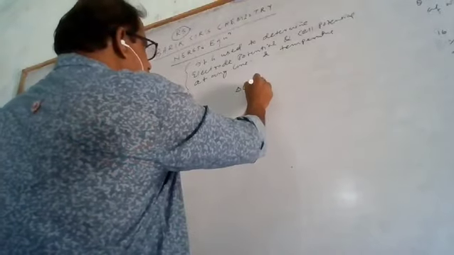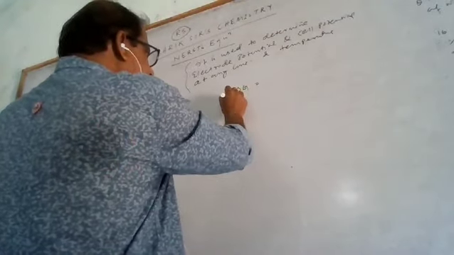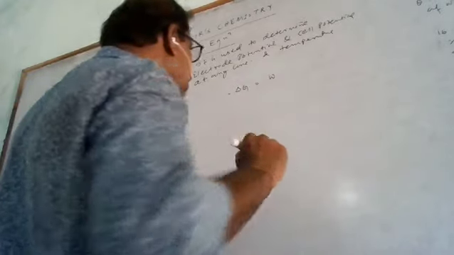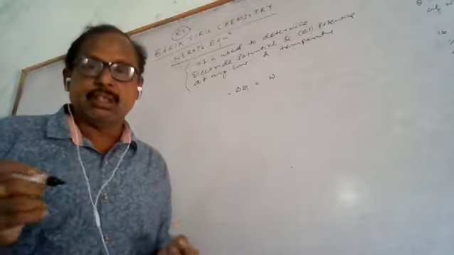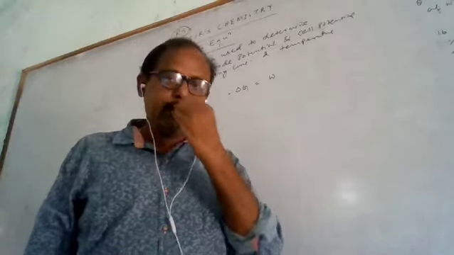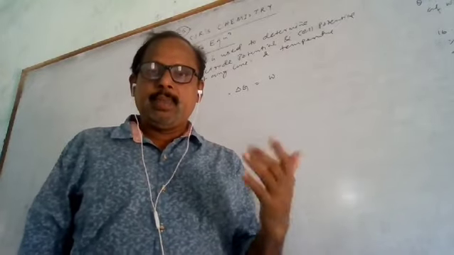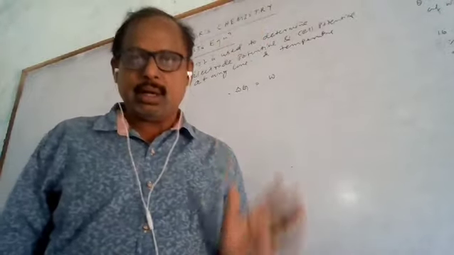The delta G decreases when the system does some work. Let me explain. So what is the delta G? The free energy change: the amount of energy decreases when the system does some useful work.